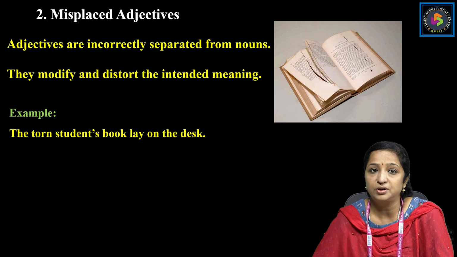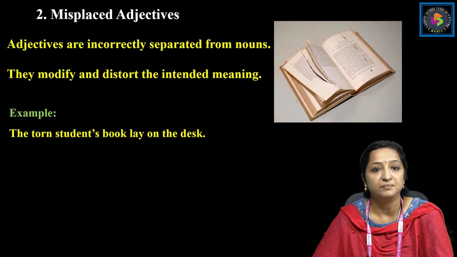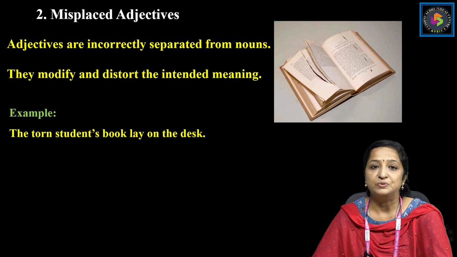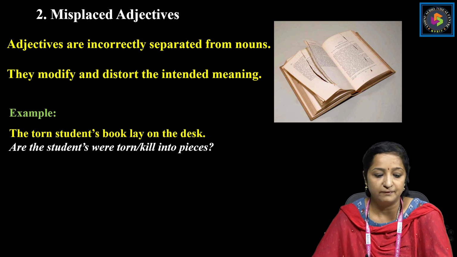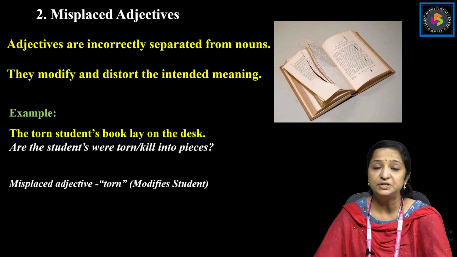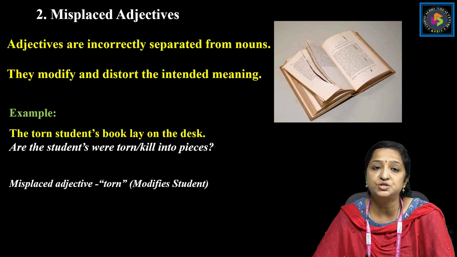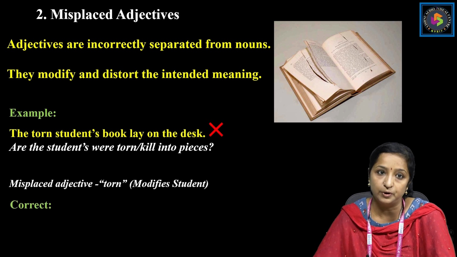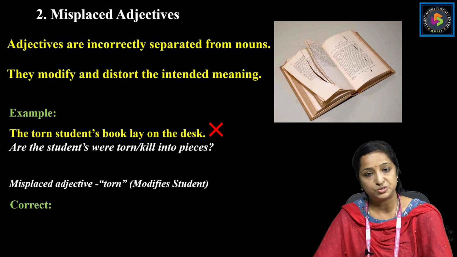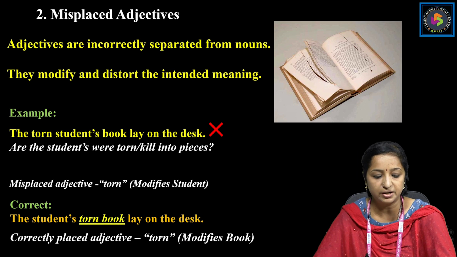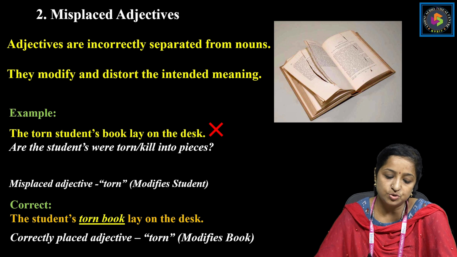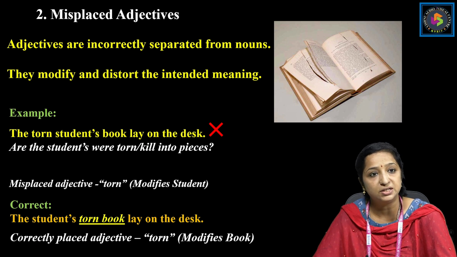The book can be torn into pieces, but not the students or people. So the sentence is wrong, where the misplaced adjective torn is modifying student instead of modifying book, which is incorrect. Let us see what the correct one is. The student's torn book lay on the desk.